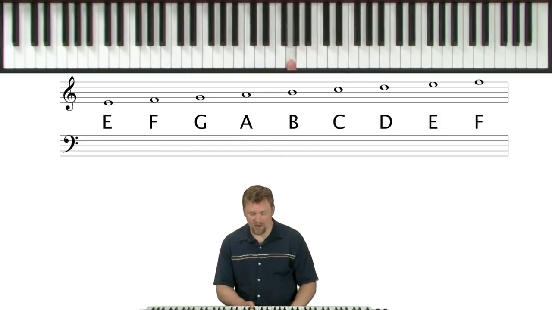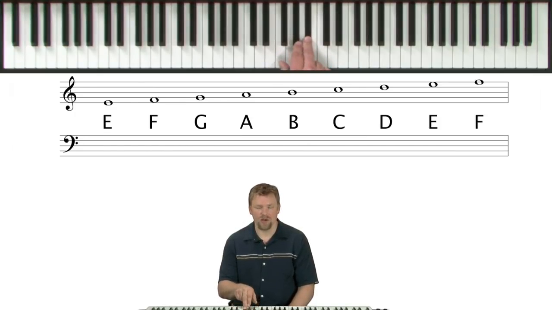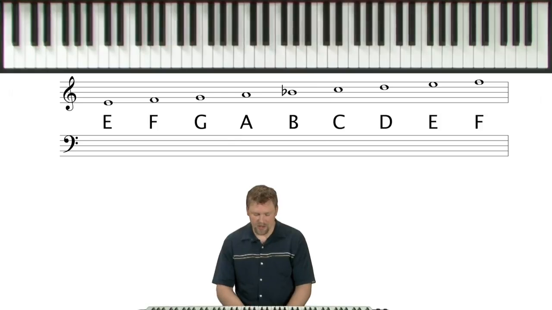If we're going to raise the G one semitone, you'd put a sharp symbol in front of it. If we're going to lower a note a semitone, like the B, you put a flat symbol in front of it. So now we've taken care of all of the notes.